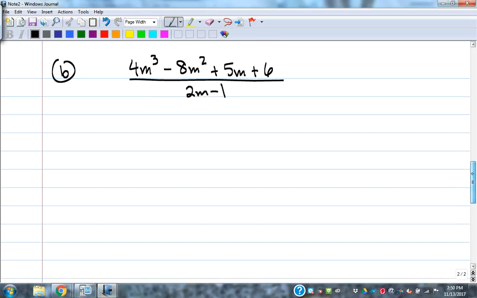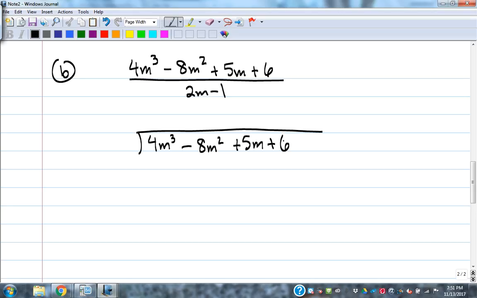So we're going to set that up in long division, not synthetic yet. 4m to the third minus 8m squared plus 5m plus 6. We start with m to the third. There is an m squared. There is an m. Then nothing. No m. Okay, so we've got a representative from everyone. Again, if there's one missing, you've got to put a 0 for whatever's missing.